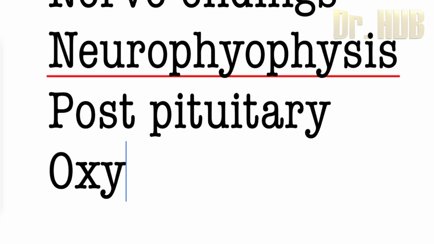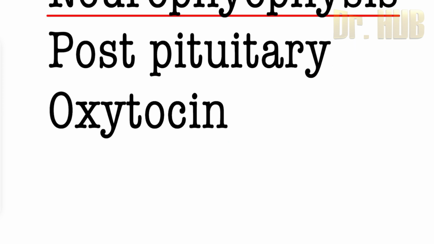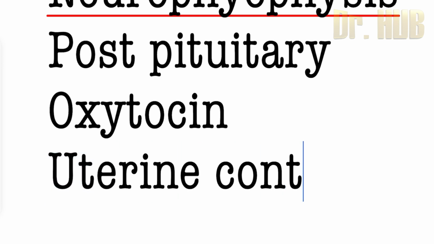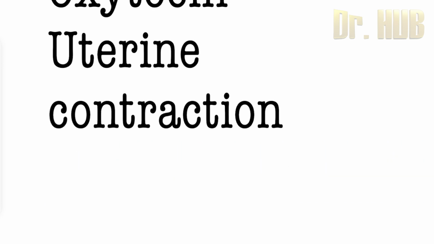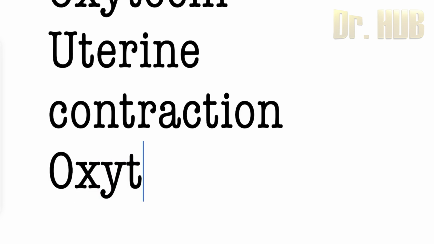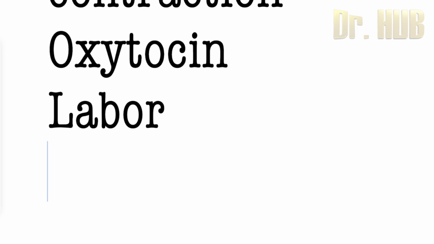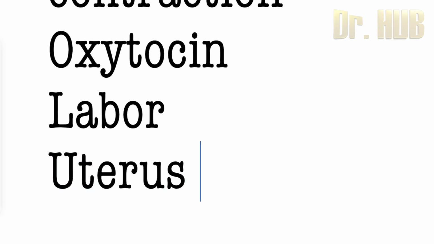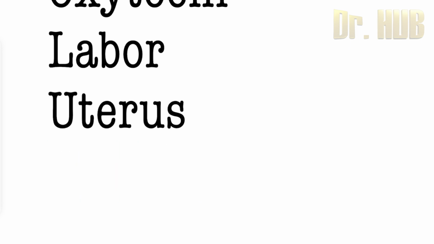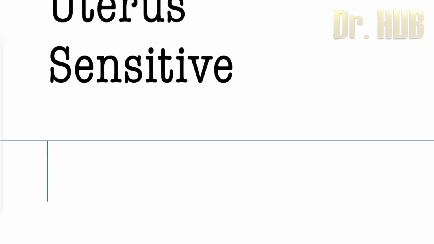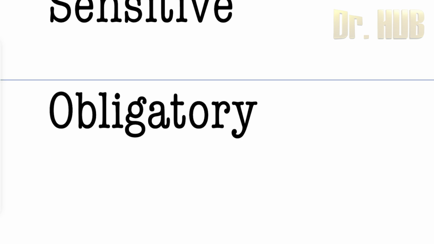So let's look at oxytocin. Oxytocin increases the force of uterine contraction. It is released during labor, and the uterus is highly sensitive to it at this time. However, it does not appear obligatory for the initial parturition.